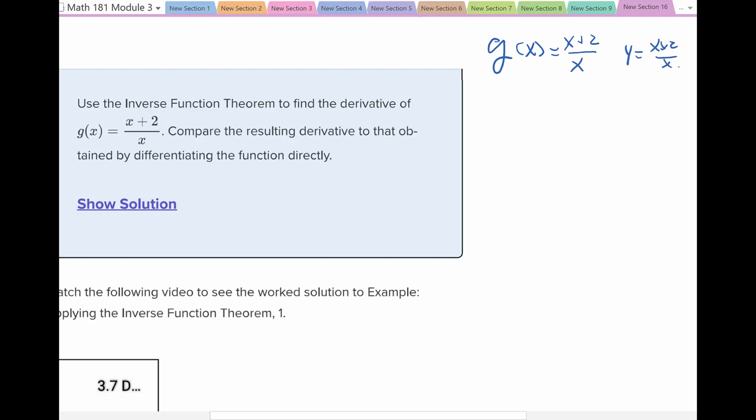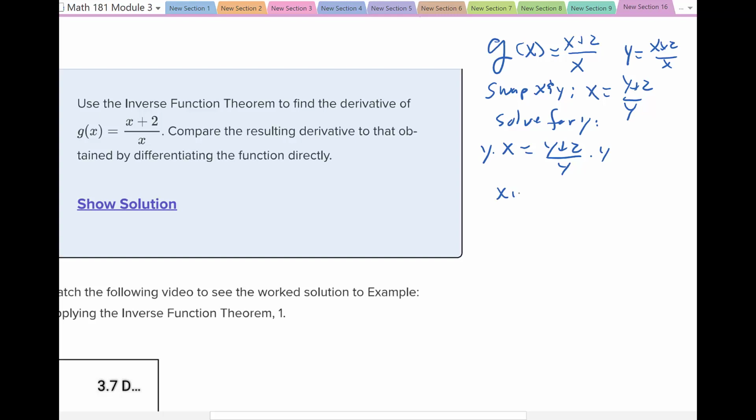And then the way I've always taught this and been doing it, I'm going to swap x and y so that we have x equals y plus 2 over y, and then solve for y. So that means we'd have x equals y plus 2 over y, multiply both sides by y, xy equals y plus 2, and then subtracting 2 from both sides.